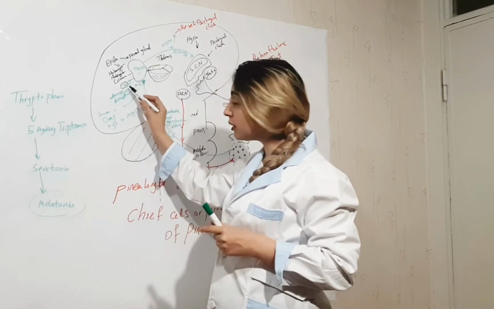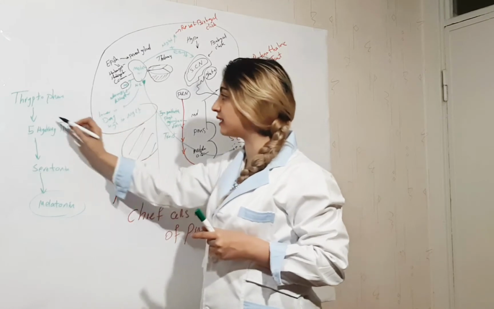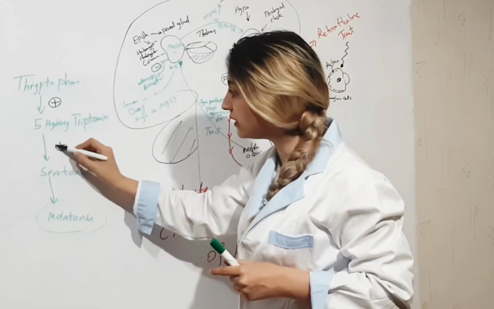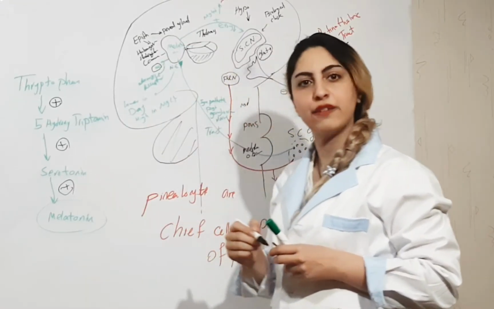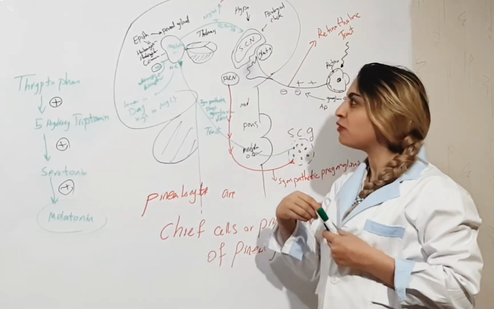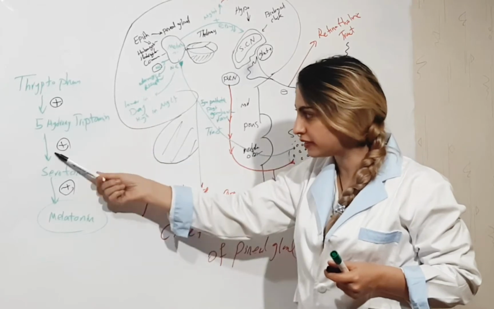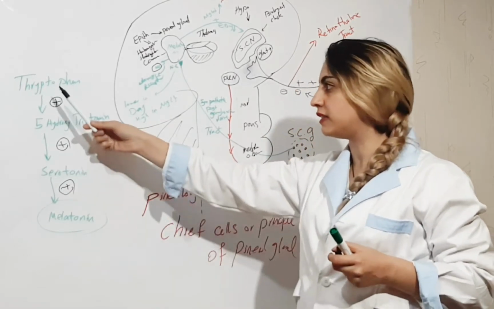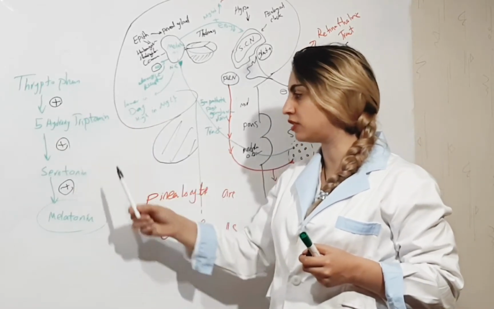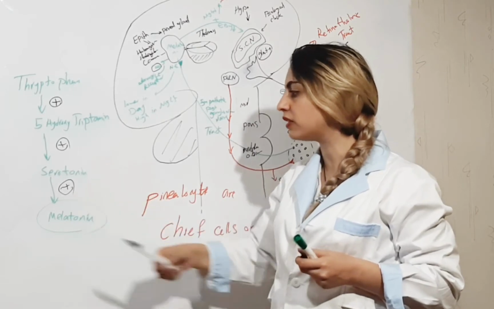What norepinephrine does is affect these pathways and make them fast and furious. It stimulates these processes, which makes tryptophan make 5-hydroxytryptamine, and then serotonin, and finally melatonin.